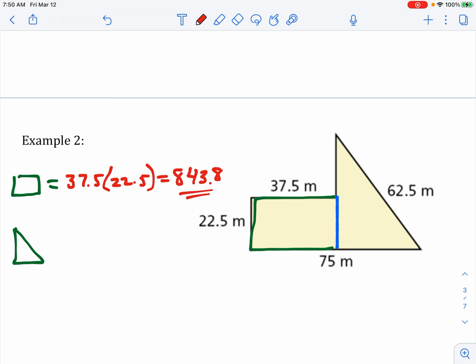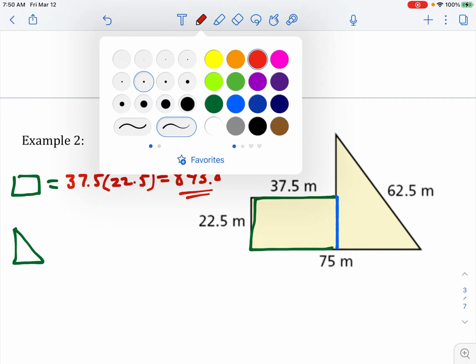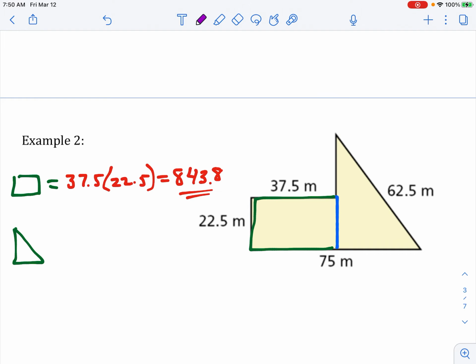Now, we're going to have to do some work to come up with some missing pieces here. You'll notice in our triangle, we need base times height, so I need those two parts of the purple line. Well, if you look at the bottom piece, we can find this purple line right here.